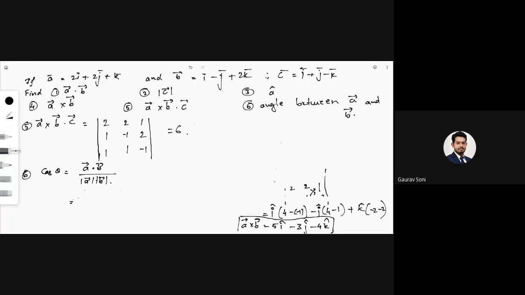Yes, 2. Upon modulus of A bar, which is 4 plus 4 plus 1, 9, which is 3, and modulus of B bar is root 6. So theta is the angle between the two vectors, then theta is equal to cos inverse of 2 upon 3 root 6.